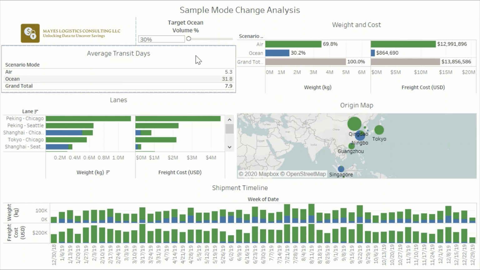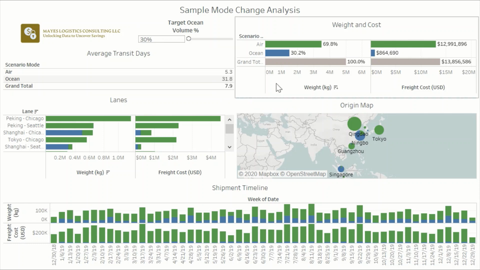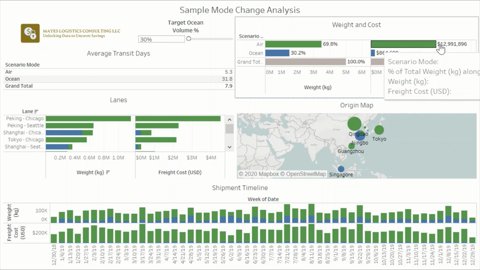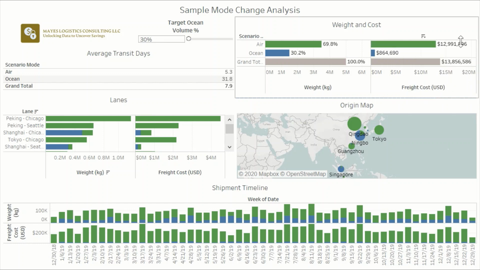But as we increase the percentage of ocean shipments in the network, that total average transit days is going to increase. In the baseline, most of the cost is going to be attributed to the air freight, and the total network spend over the modeling timeline is about 13.8 million in this baseline.